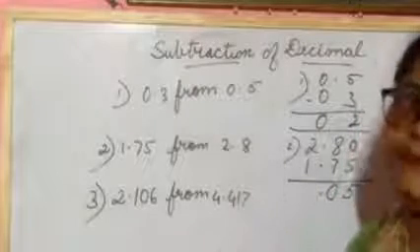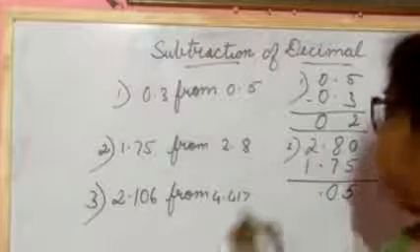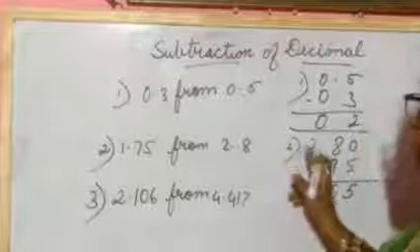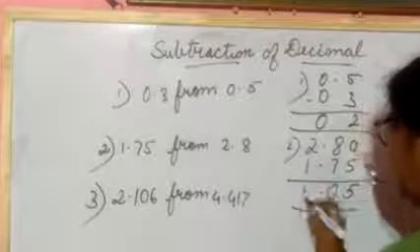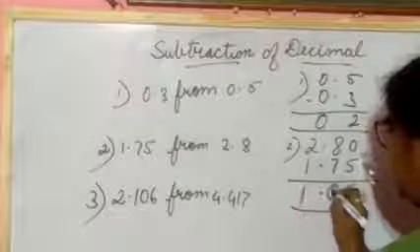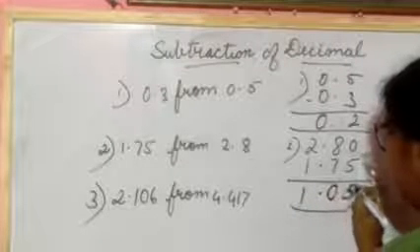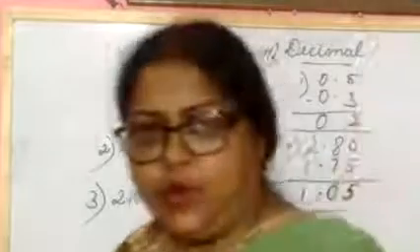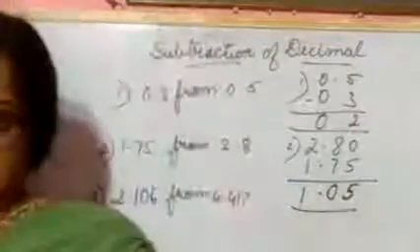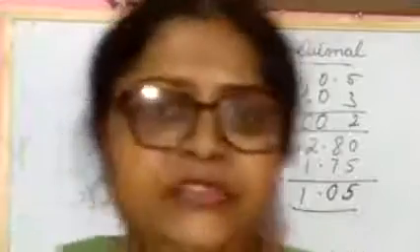Then come to the whole place. There, 2 minus 1, so 1. What will be the answer? 1.05. Clear it is?